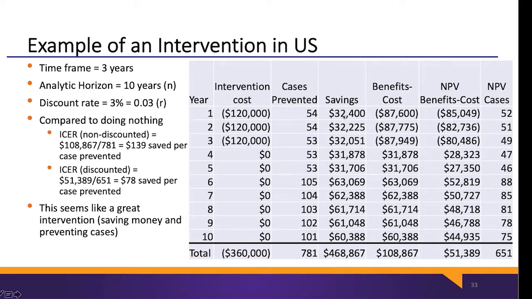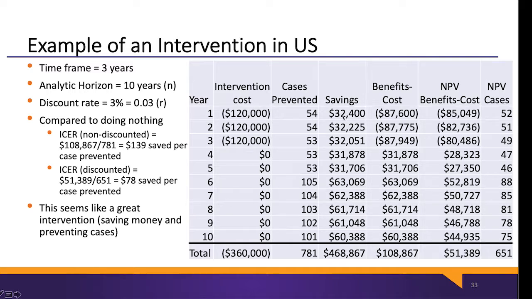But we also have a savings. Because we prevent these cases from occurring, we're not spending money on these 54 cases. We don't have any medical expenses caused by these 54 cases, because we prevented them.